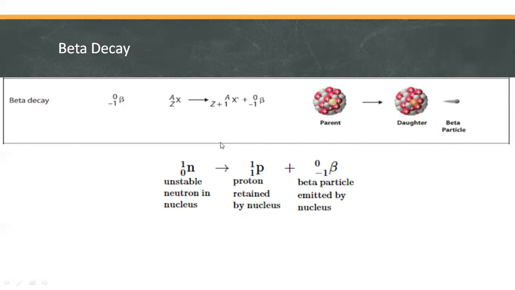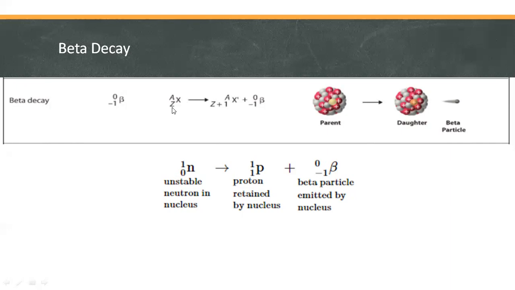Although beta decay does not change the mass number of the nucleus, it does result in an increase of one in atomic number because of the addition of a proton in the daughter nucleus. Thus, beta decay decreases the neutron to proton ratio, moving the nucleus toward the band of stable nuclei.